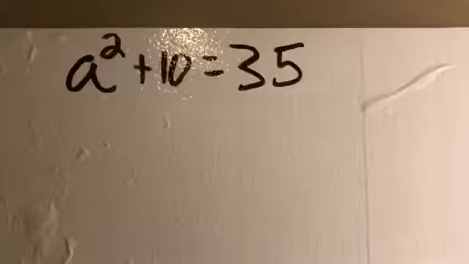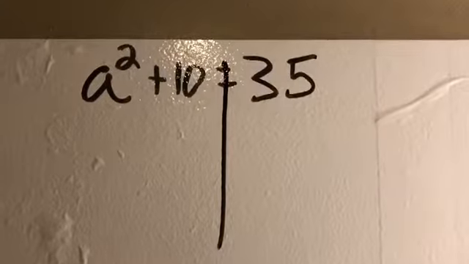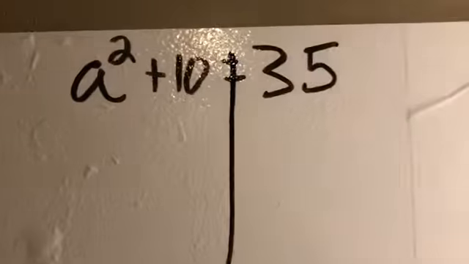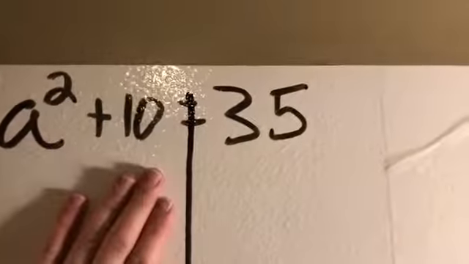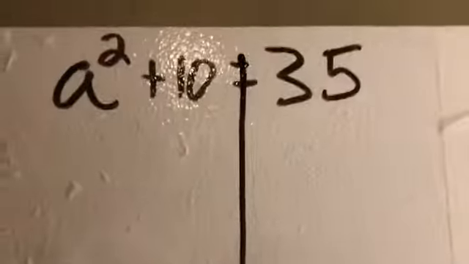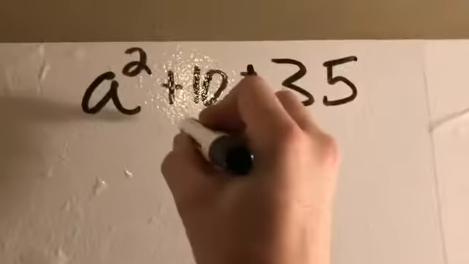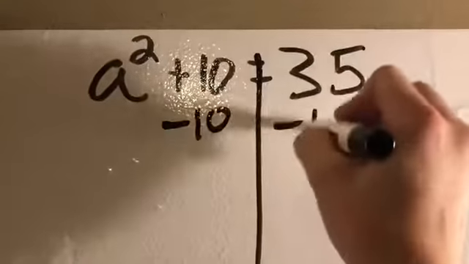But before we can use that very helpful tool of square roots, you have to completely isolate your variable with that exponent. So a squared still has a 10 on this side. So before we can use our square roots like over here, we have to get rid of that plus 10. Since we're moving it to the other side, the opposite is subtracting 10.